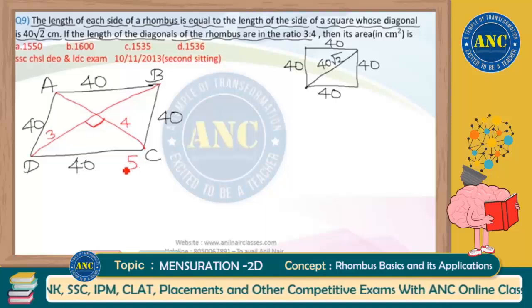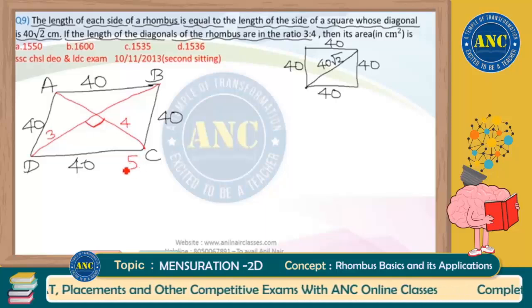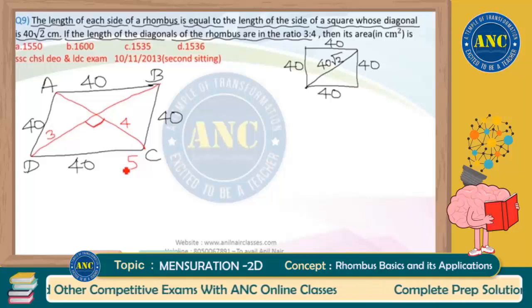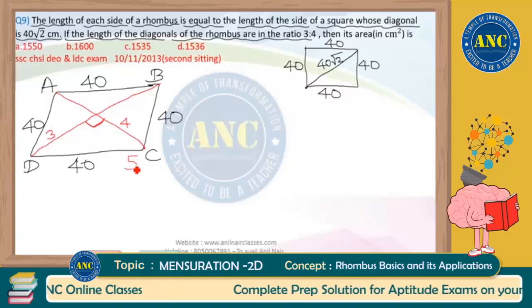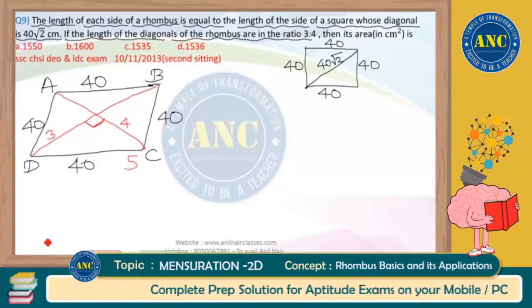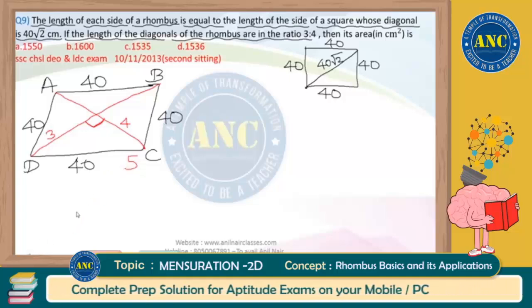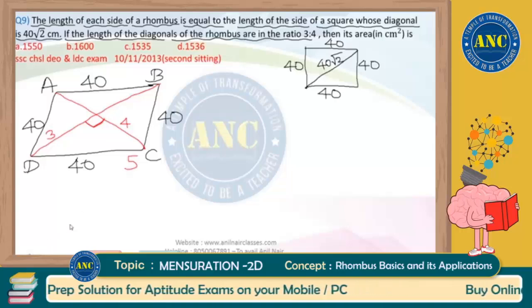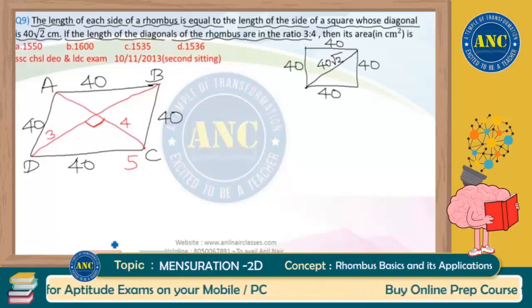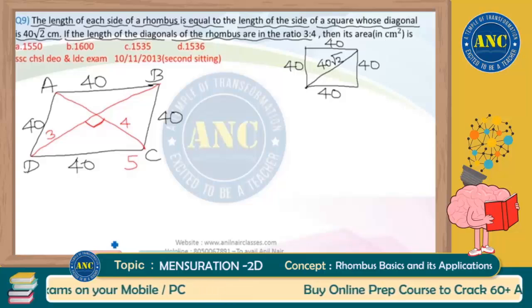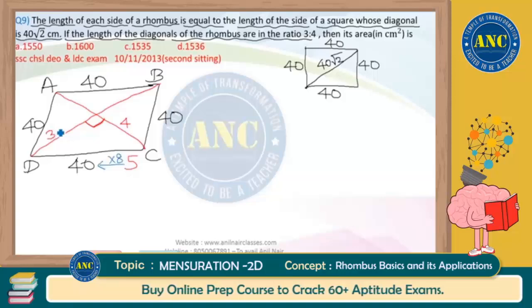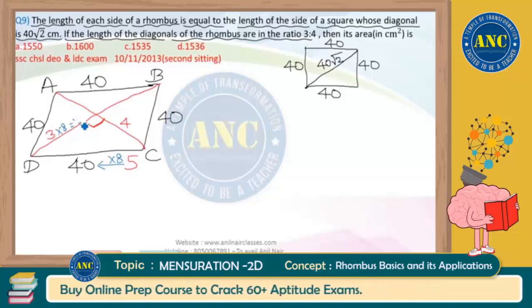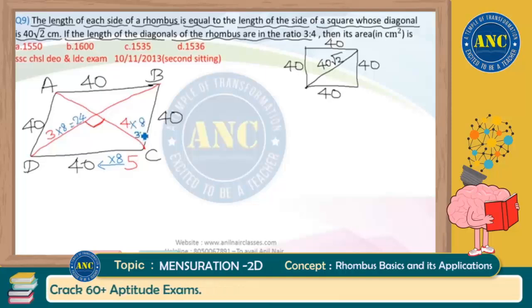Definitely, if this is 5, and 5 is becoming 40, the multiplying factor is 8. That means 3 also multiplied by 8 should be 24, and 4 also multiplied by 8 should be 32.